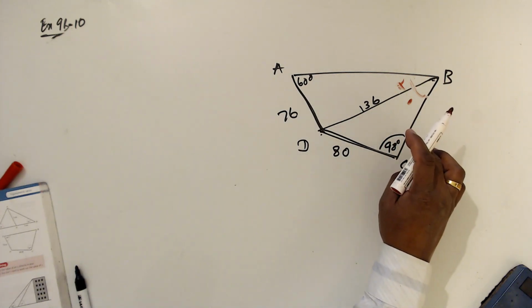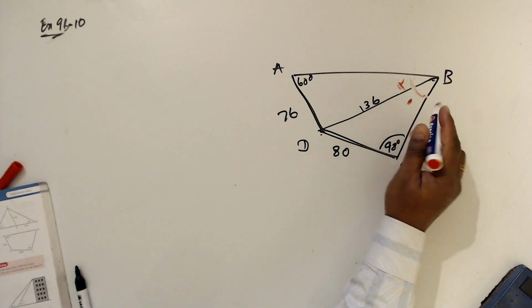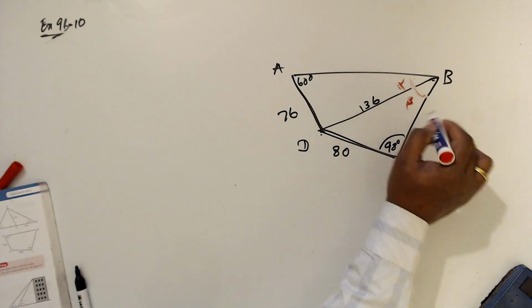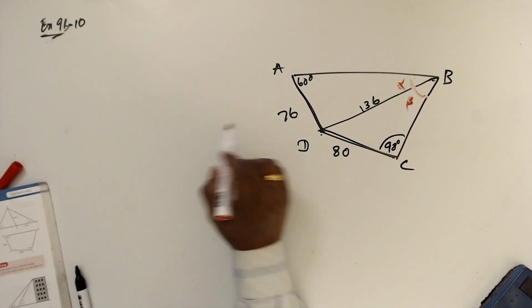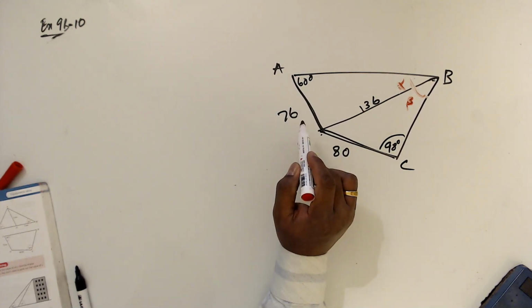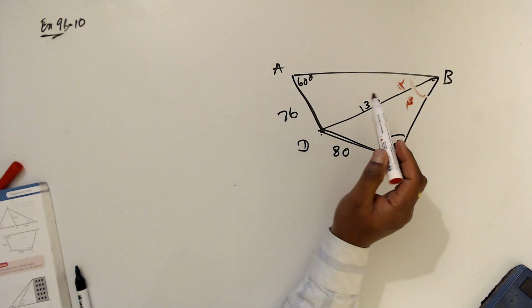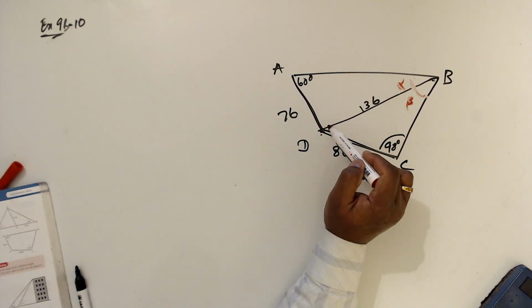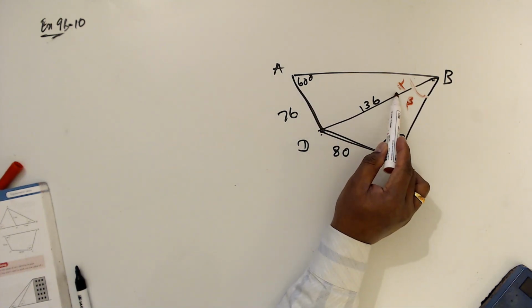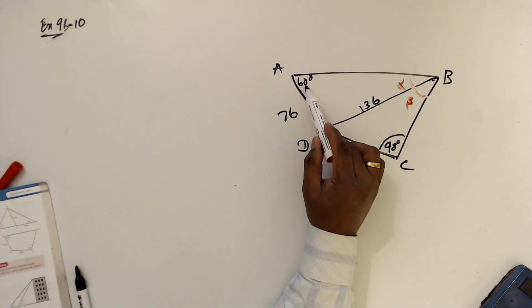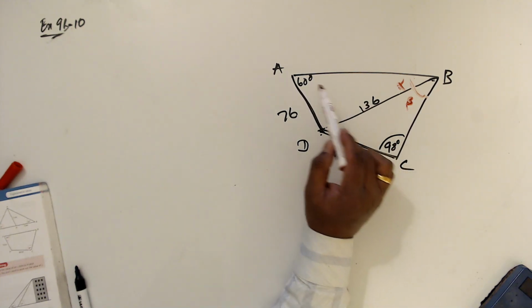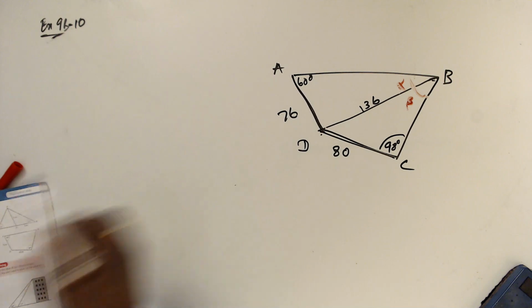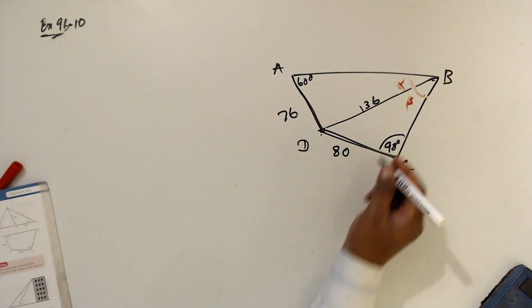Same as I know this pair and I can find beta. So alpha plus beta, then we know the angle. Then we want to find AB distance. Now we know this one and an angle, so we can find this one. Again AB divided by this angle equals 136 divided by 60. So this is the line. We'll work on that now.